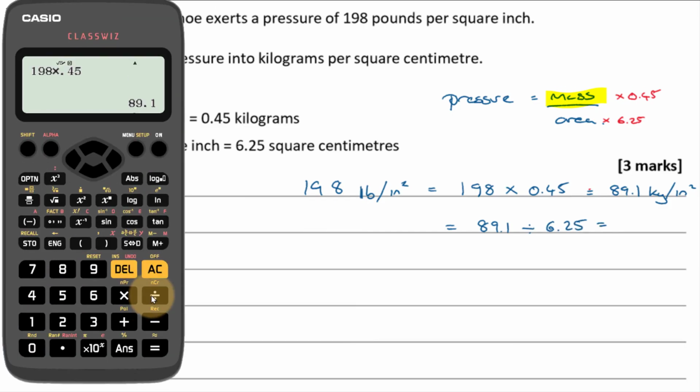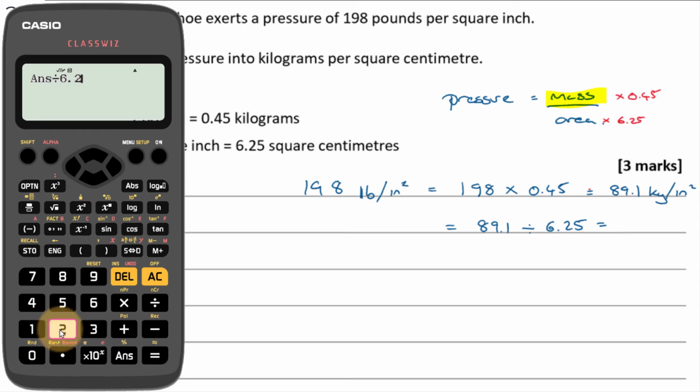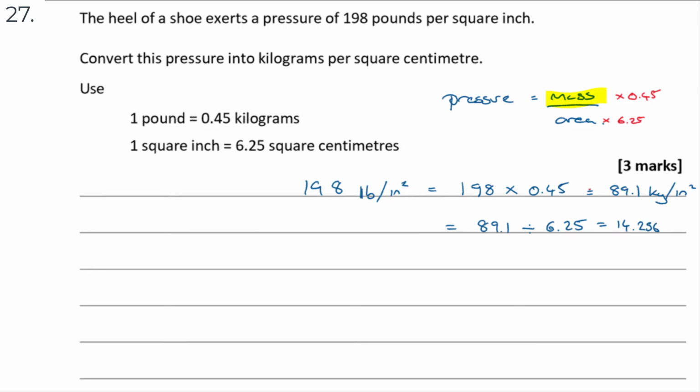What's that? Divide by 6.25. That comes out to be 14.256. And that's going to be kg per square centimetre. Okay, so that's the answer we're looking for, 14.256.